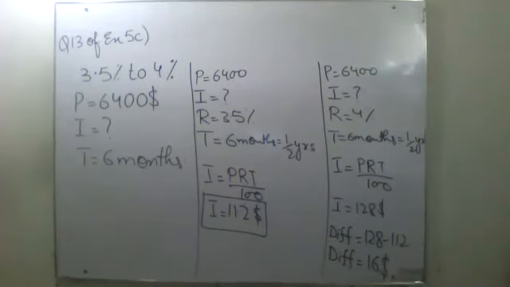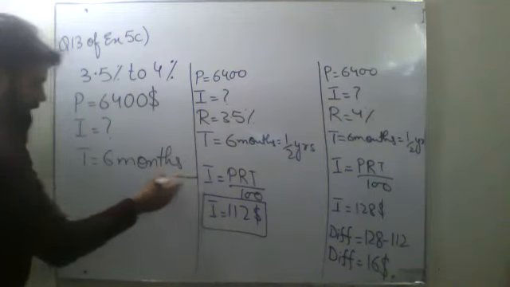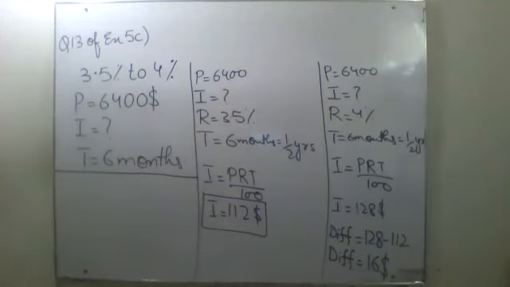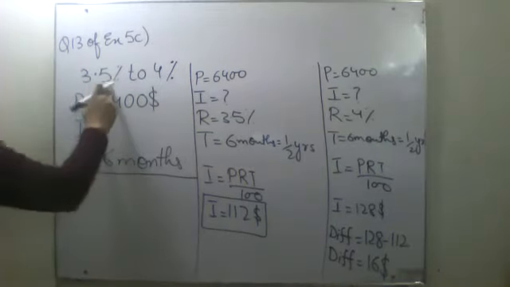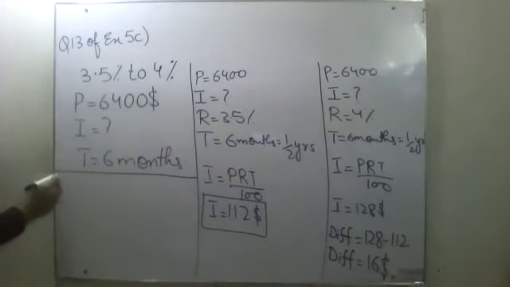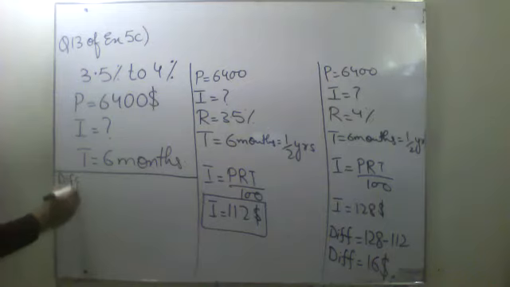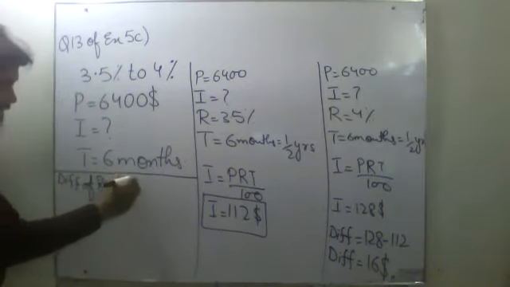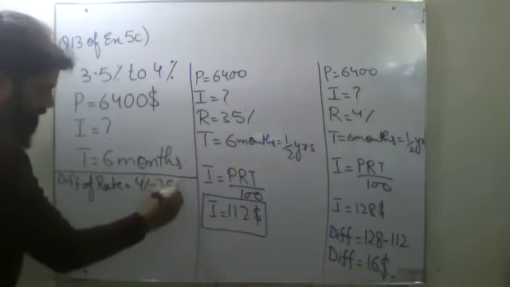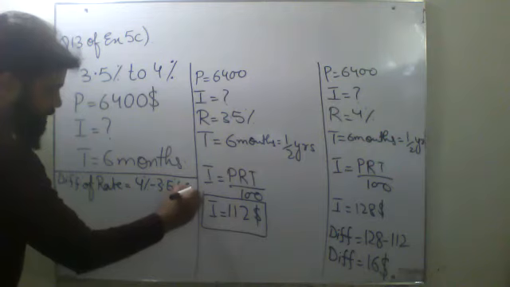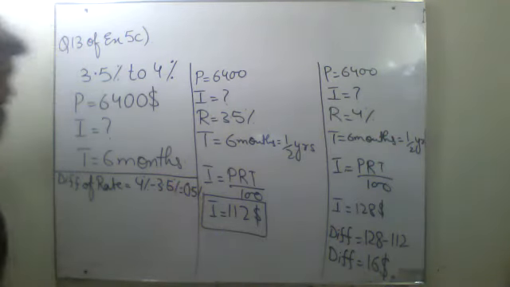Now there is another way. What is the other way? The other way is that in the start I am going to take the difference between these two rates. What is the difference of rate I have got? So it will be 4% minus 3.5% equals to 0.5%.